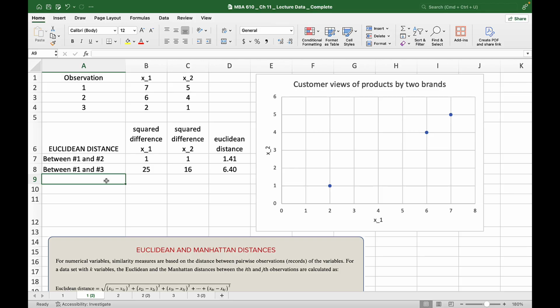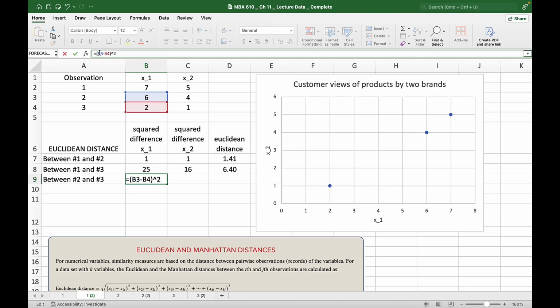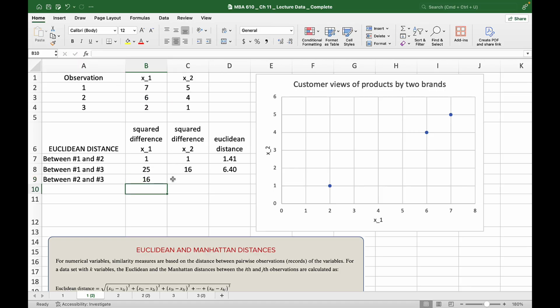And our last one that we'll need to look at, the final pairwise observation, will be between number 2 and number 3. So number 2 looked at 6 Patagonia products, whereas number 3 looked at 2, for a squared difference of 16.